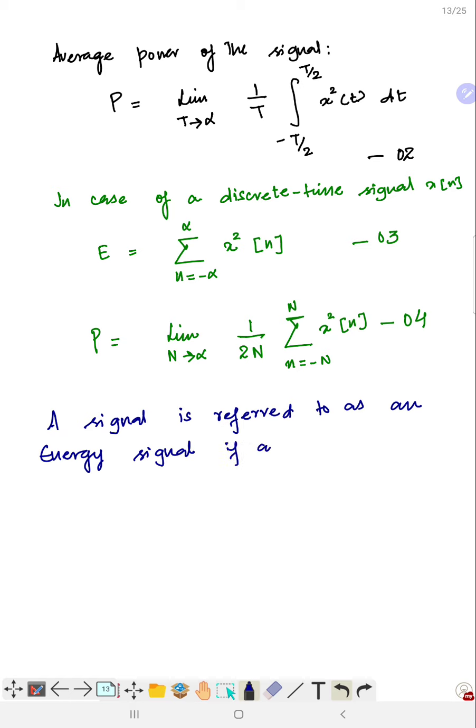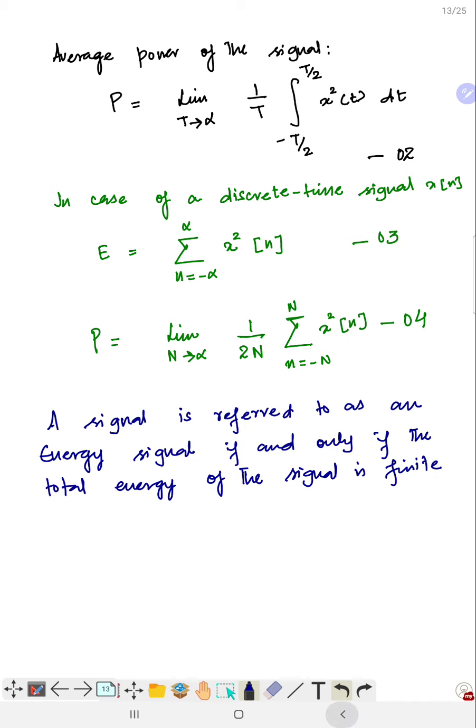That is, if I put it mathematically, if and only if the total energy of this signal is finite. So mathematically it means it should be something like this. Energy should be within the limits 0 and infinity. It cannot be infinite. And if your signal satisfies this property, we call this an energy signal.